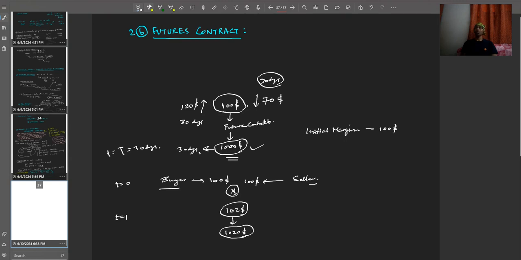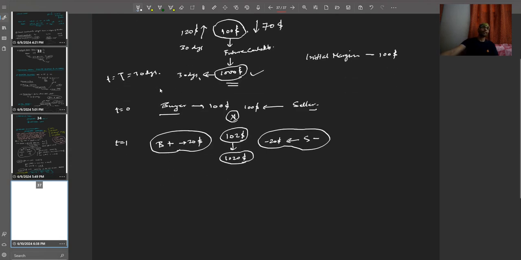So the buyer is in the long side here. So he is in the profit. And how much he has profited? $20 at the end of the first day, right? Similarly, on the other hand, the seller is on the losing side and he has lost exactly $20. Okay, so this is how it is going at the end of the first day.